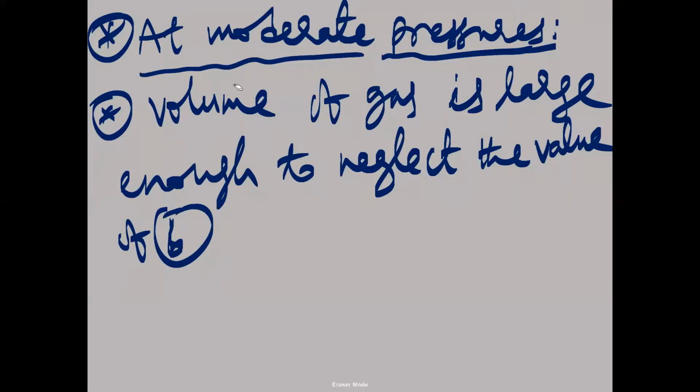Why? Moderate pressure means neither high pressure nor low pressure, so the volume will be moderate. So the volume of this gas will be large enough to neglect the B value at moderate pressure.